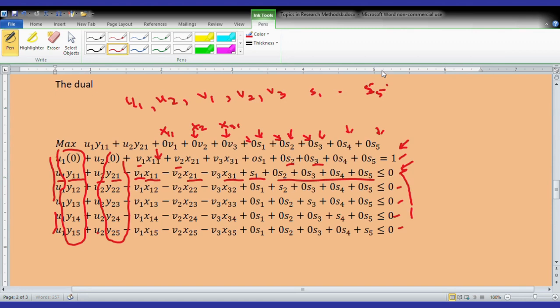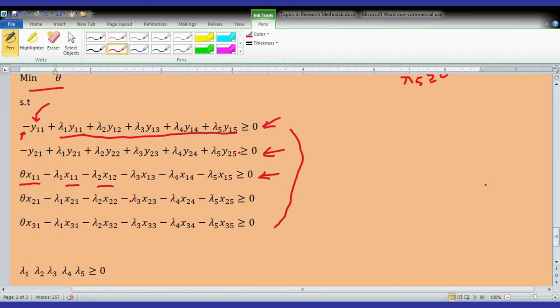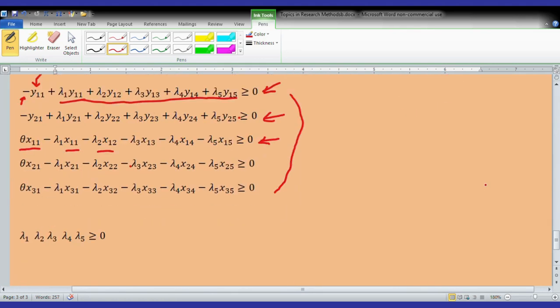So there are 10 variables or 10 constraints, and we are able to see that this actually has happened. These are the first 5 constraints, and then 5 constraints are here: lambda 1 greater than or equal to 0, lambda 2 greater than or equal to 0, and so on.